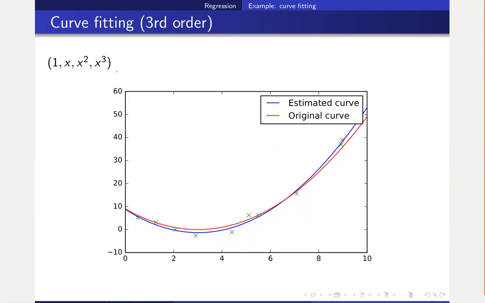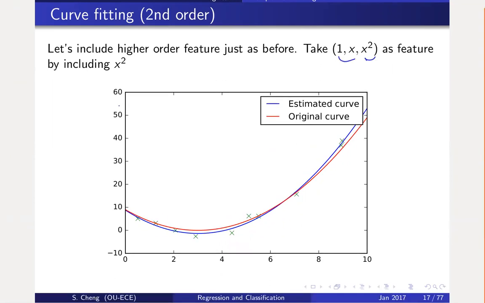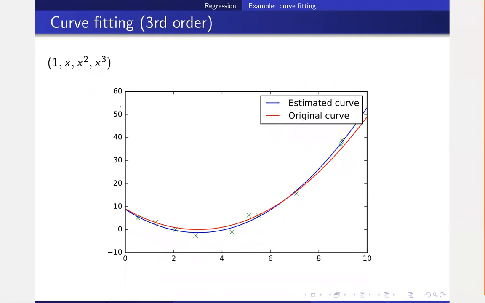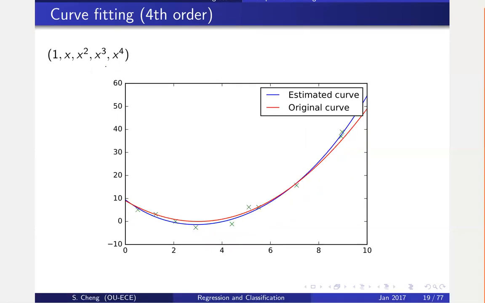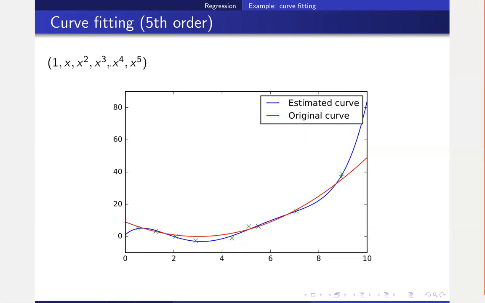I can continue to increase to a third order. It looks a little bit even better. I don't know, it looks similar actually. But as I continue to increase, it's getting not better now. Fourth order is still okay, but at fifth order you see some overfitting problem. When I get beyond the range of the sample points, the support here, it deviates from the original curve quite a bit.